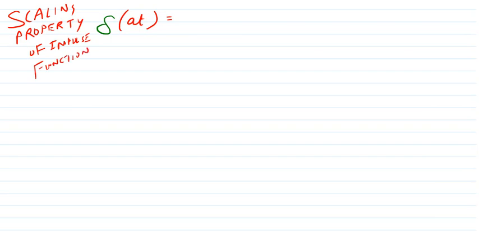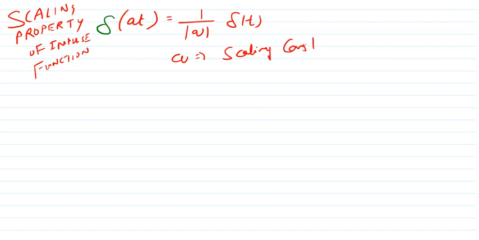So del at is nothing but 1 divided by modulus of a into del t. So what is a? A is a scaling constant, not a variable. Then we have another important property, that is del t is an even signal.